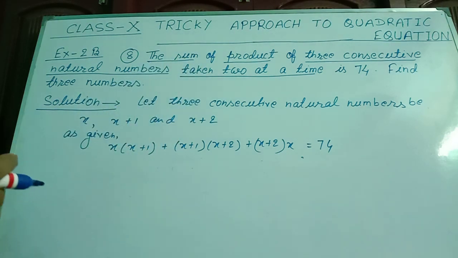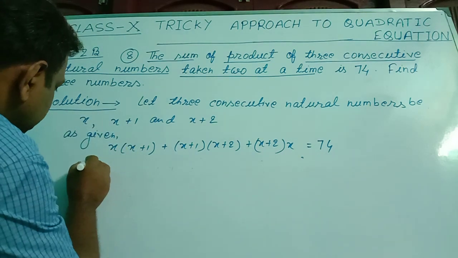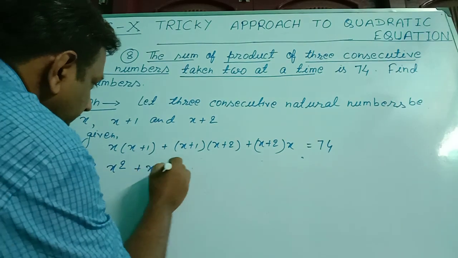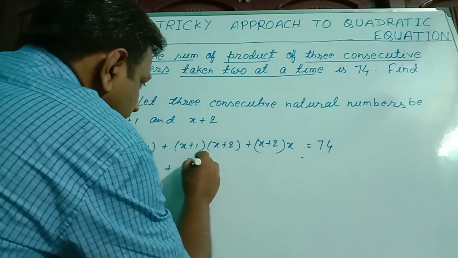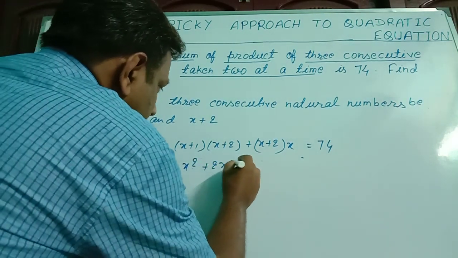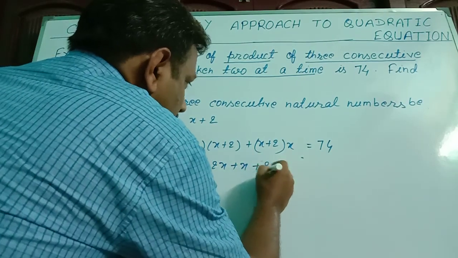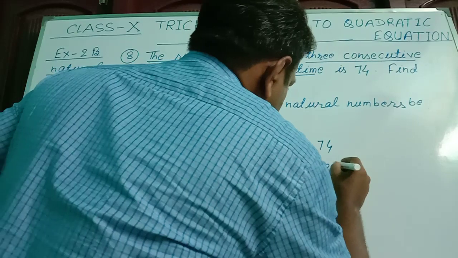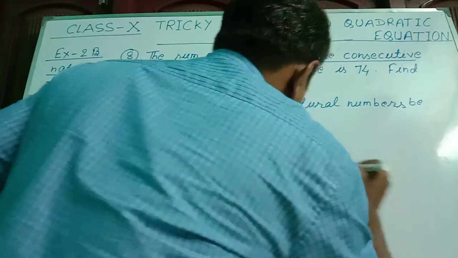At first we will make the quadratic equation. To make the quadratic equation we can write x into x plus 1, x square plus x, x plus 1 into x plus 2, x square plus 2x plus x plus 2, and x plus 2 into x, x square plus 2x, equal to 74.